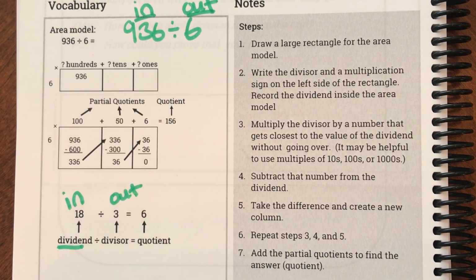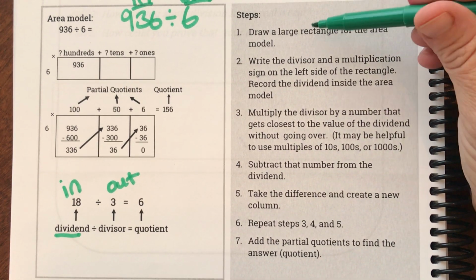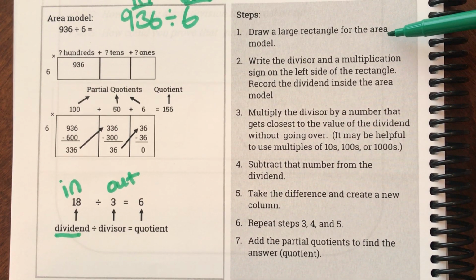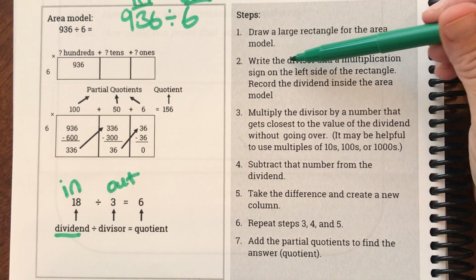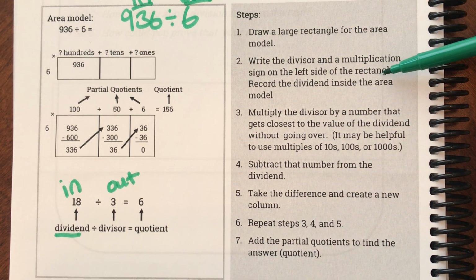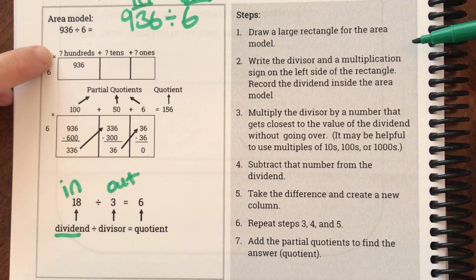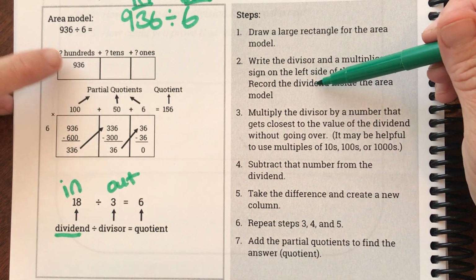My steps today are very long, ladies and gentlemen. Let's read through them. It says draw a large rectangle for the area model. We're going to write the divisor and a multiplication sign on the left side of the rectangle. So here's where they put the divisor and then the multiplication sign, and then they put the dividend inside.